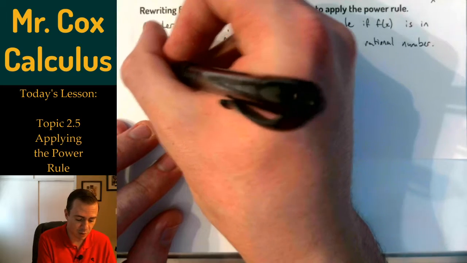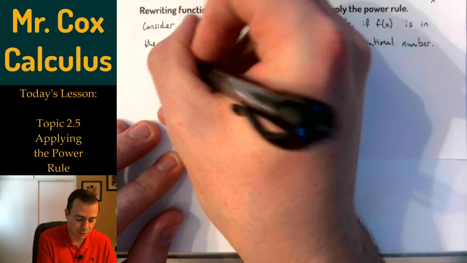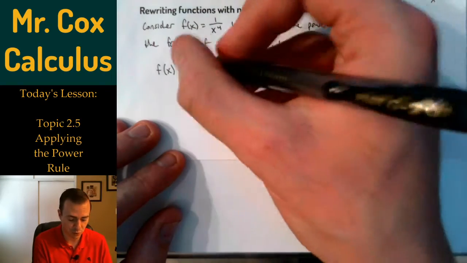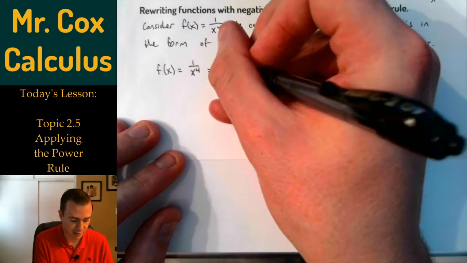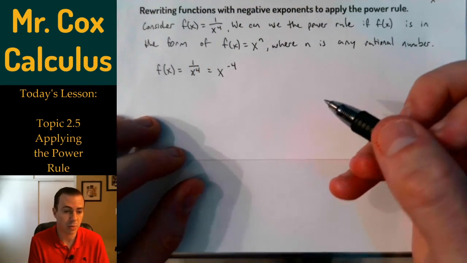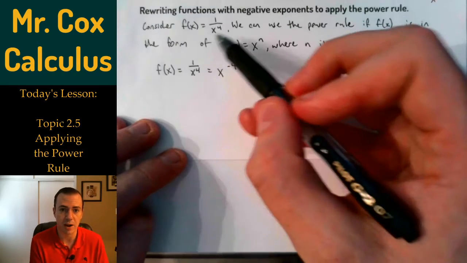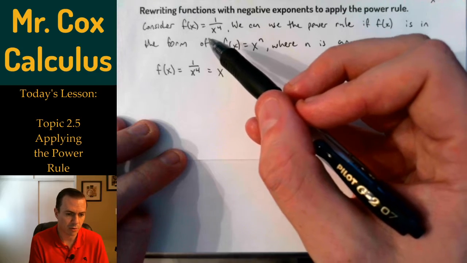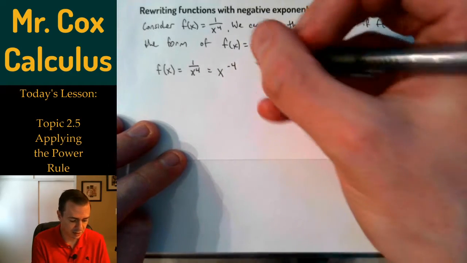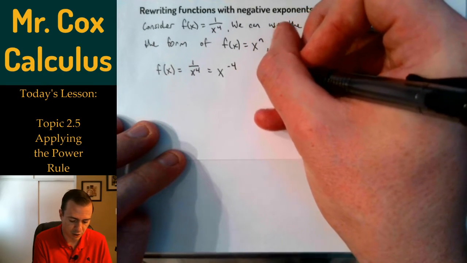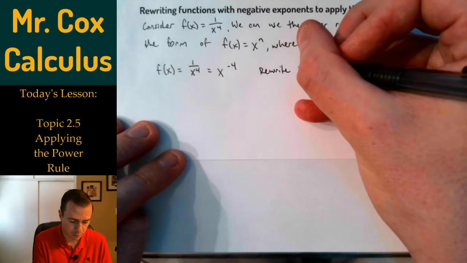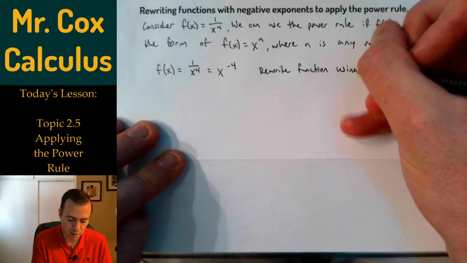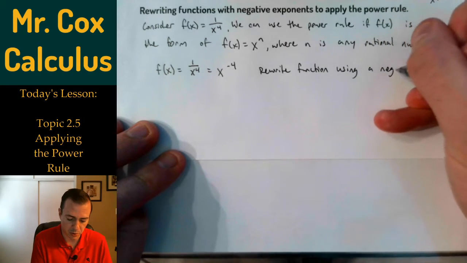I can start off with f of x equals 1 over x to the 4th, and I can rewrite it as x to a power, that is x to the minus 4 power. So your first step whenever you're looking at a function that has a power function in the denominator is you want to rewrite the function using a negative exponent.